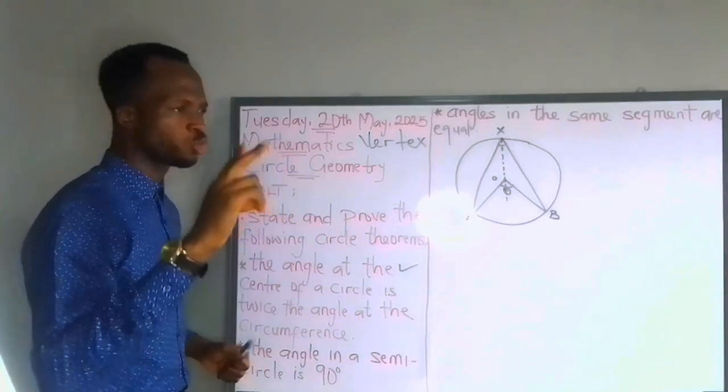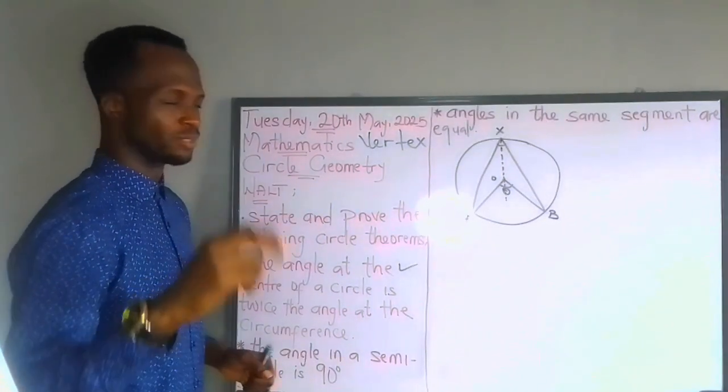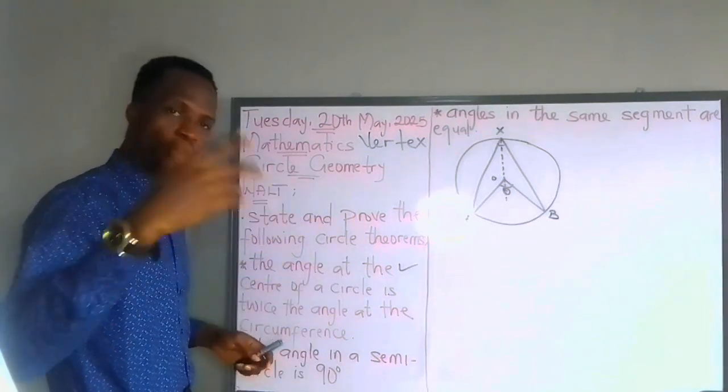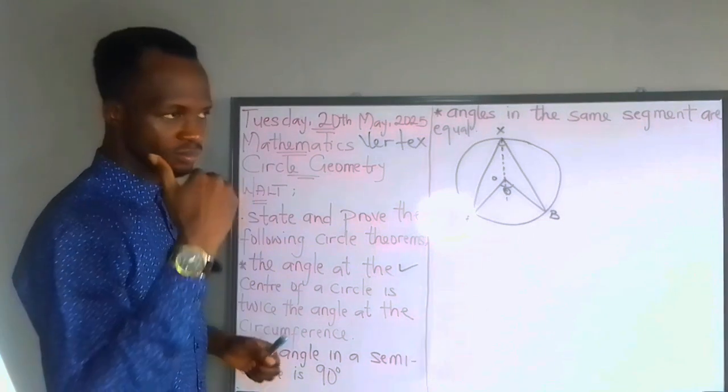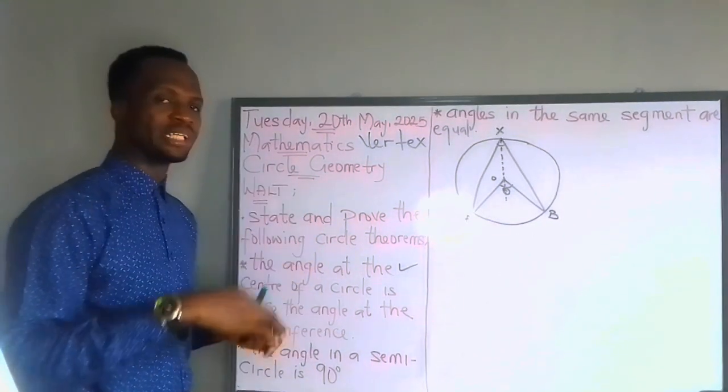There are two basic triangle theorems that every student should know, and one is very popular. The sum of angles in a triangle is 180 degrees.